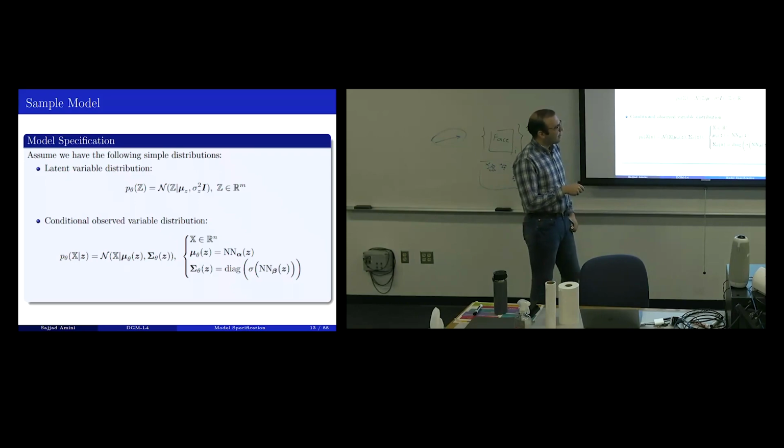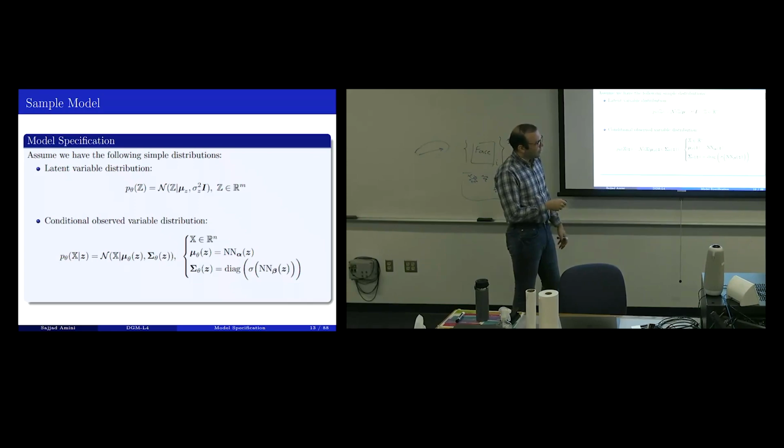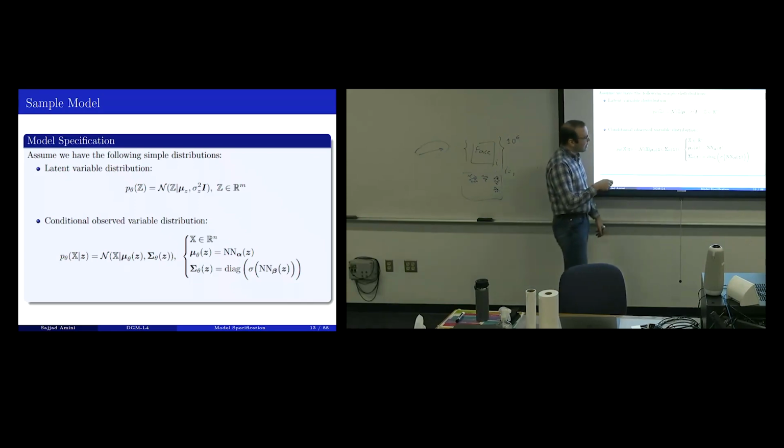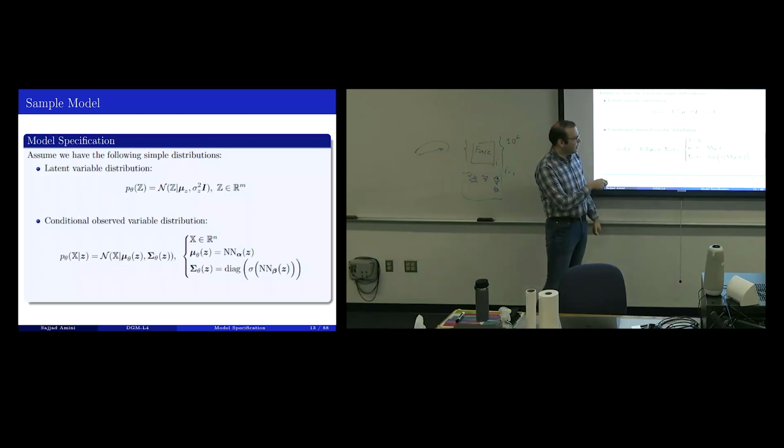Okay, and where the neural network comes into play: here you design the mean and the covariance matrix using neural networks. It means that you have the concept, the concept is fixed, and there is a neural network that designs the mean for the conditional observed variable. This is NN alpha, a neural net with parameter alpha.